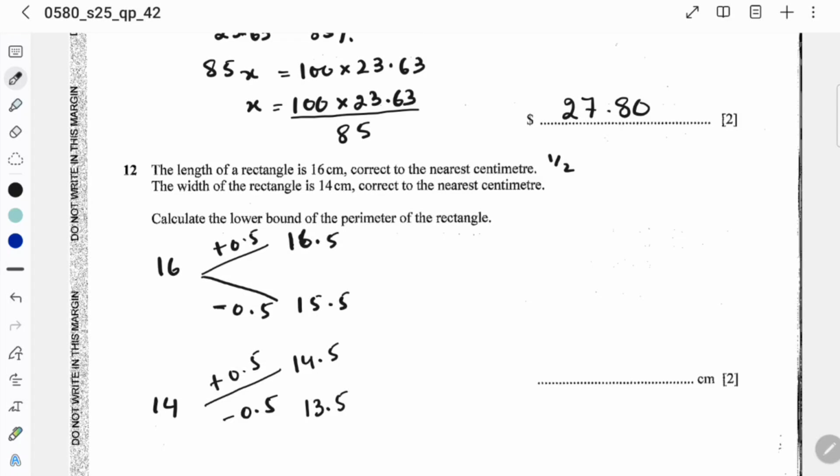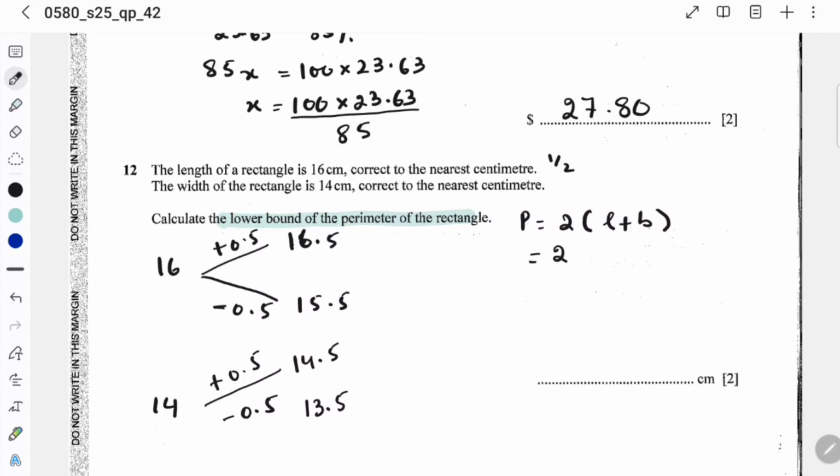Okay, so calculate the lower bound of the perimeter means addition. We take the lower with the lower, so perimeter is equals to 2 times L plus B, because it's a rectangle. So we'll take the lower bound of the length and the lower bound of the width or the breadth.